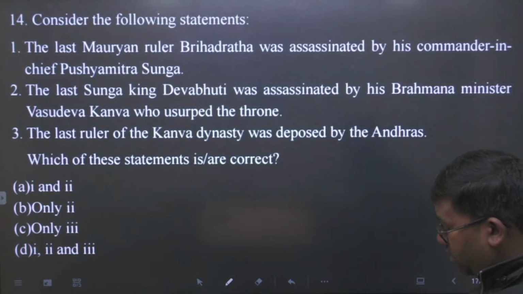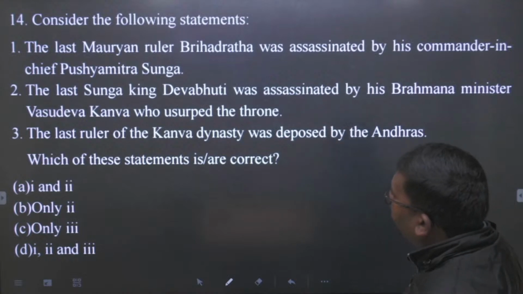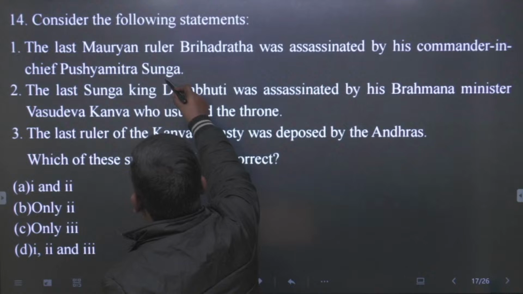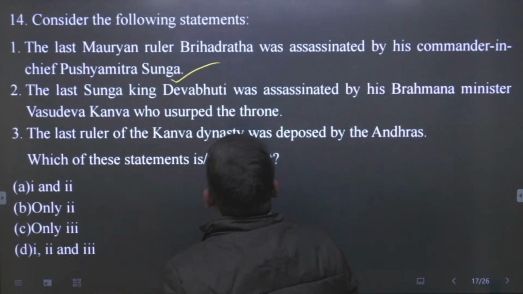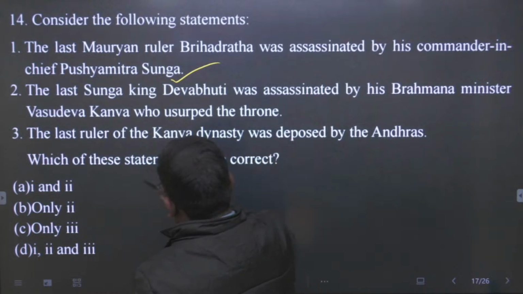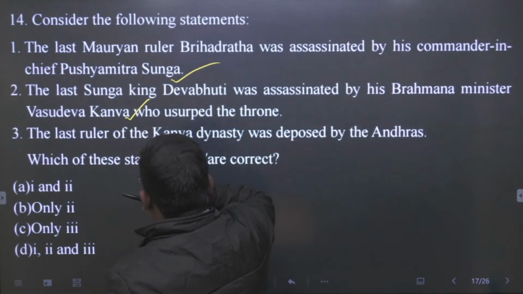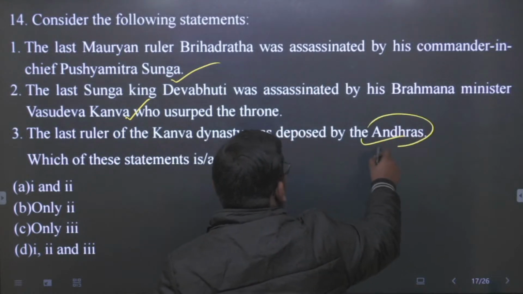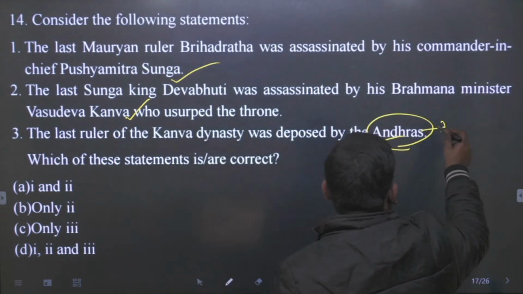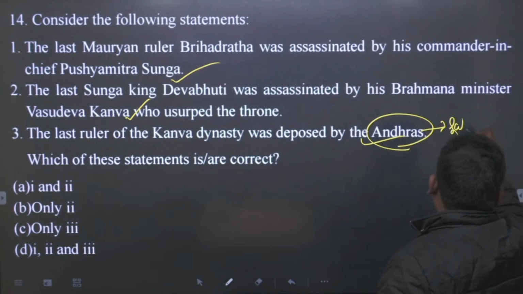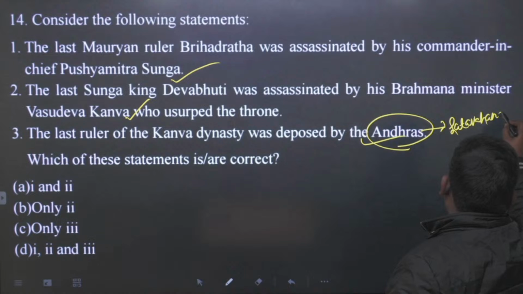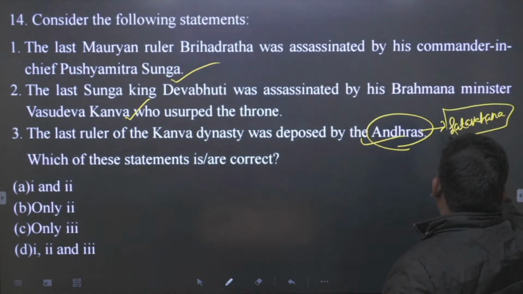So the answer of this question: the last Mauryan ruler Brihadratha was assassinated by his commander-in-chief Pushyamitra Sunga. Yes. The last Sunga king Devabhuti was assassinated by his Brahman minister Vasudeva Kanva. True. And the last ruler of the Kanva dynasty was deposed by the Andhras. Here Andhra means Satavahana. The Puranas mention that in this region, in this period, the Andhras were ruling.